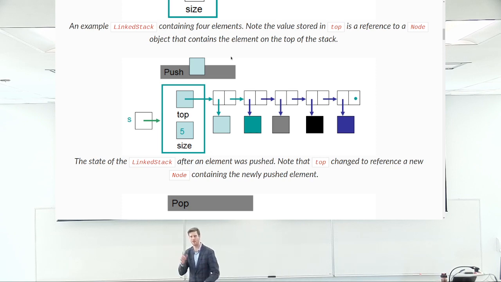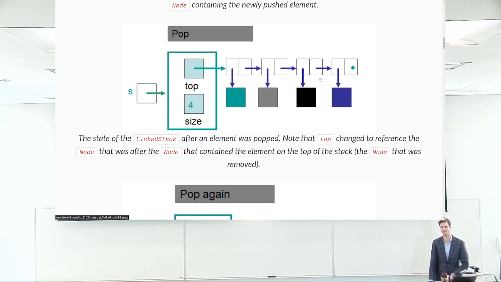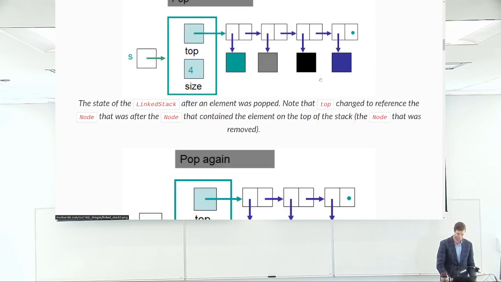And then as soon as we do that assignment, we set top to be the node containing the thing we just added. Adding to the front. And pop, well, that's just removing from the front. Take the element out, and then top equals top's next. So you ask the top node, hey, what's your next? And then we just set it to reference that. And that effectively gets rid of the node that was at the top.